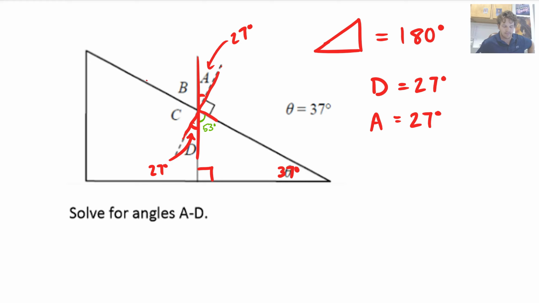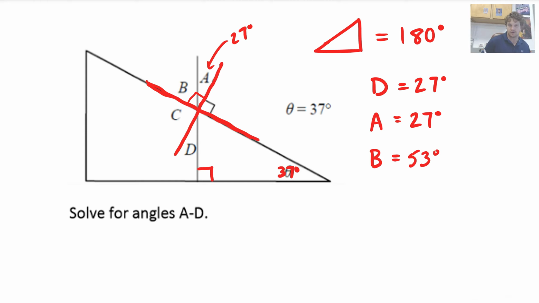All right? Now, if A is 27, and remember these corners going on, all of these need to be 90 degree angles. Well, if A is 27, that means that B has to be 53 degrees to make 90.